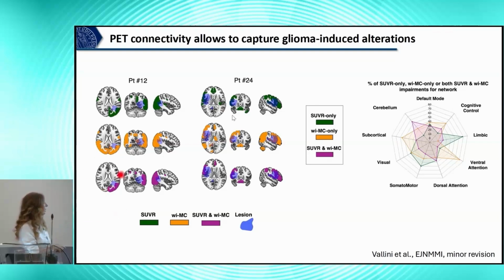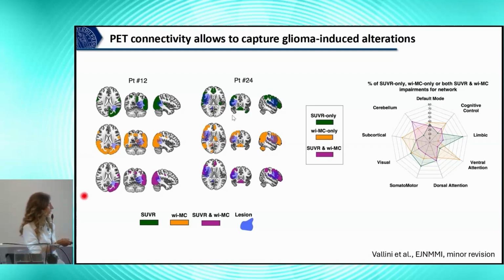And here, in pink, you have the regions impacted by both local information and network-based metabolic connectivity information. So there is an overlap also here, but also there is additional information provided by looking at the pathological impact of a lesion on the brain, not only locally, SUVR, but also considering the connectivity, the network, the way to communicate, to transmit the energy between the networks.